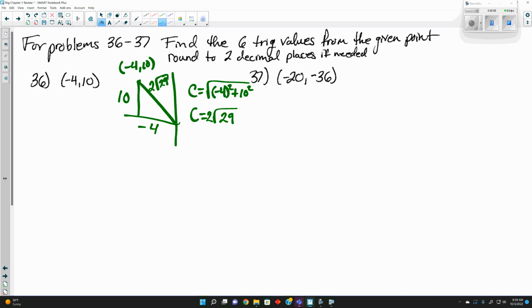So for sine of theta, we have opposite over the hypotenuse. And at this point, we can go ahead and rationalize that. We can type it into the yellow calculator and get 5 square root of 29 over 29.